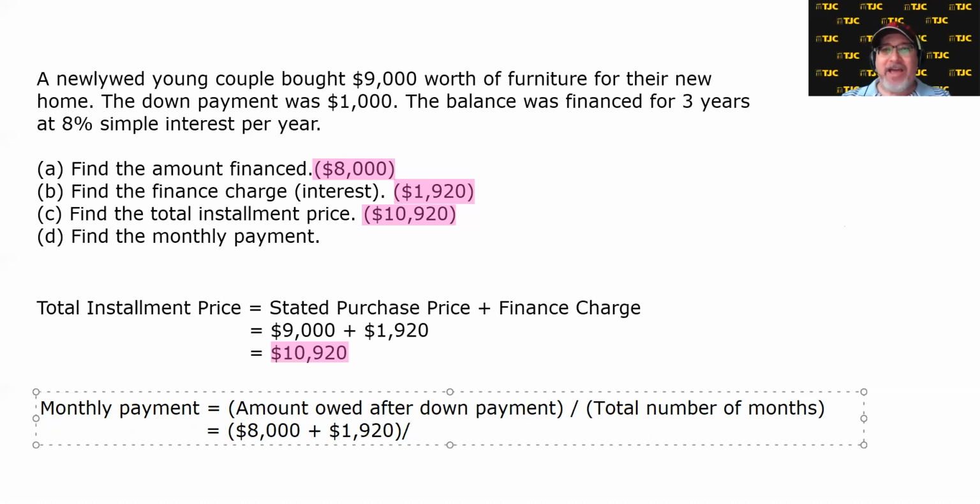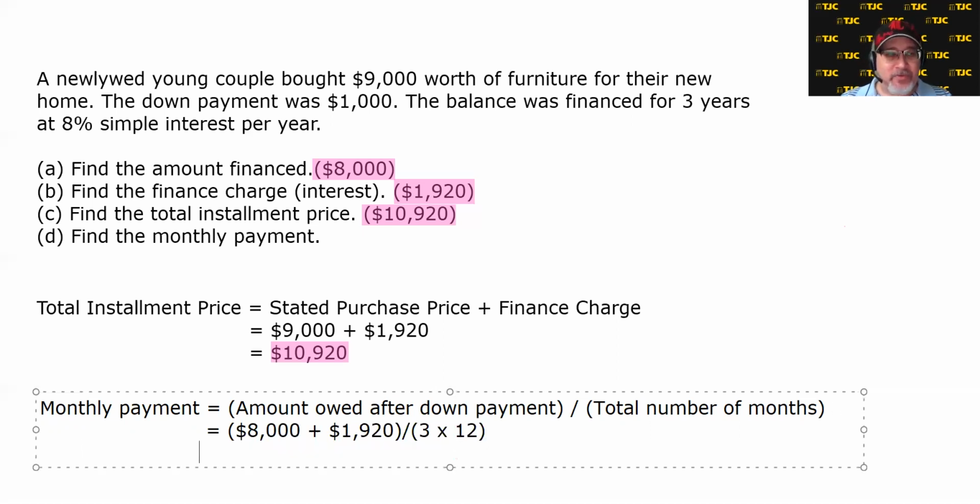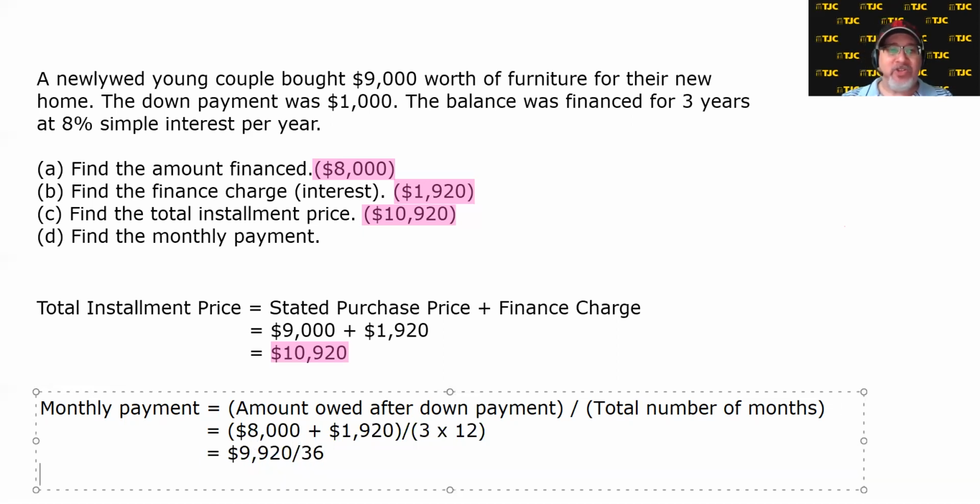And how many months is that? Well, there's 3 years. So that's 3 times 12. 3 years times 12 months a year. Let's see what this equals. If I add the $8,000 and the $1,920, that is $9,920, and that's being paid out over 36 months.